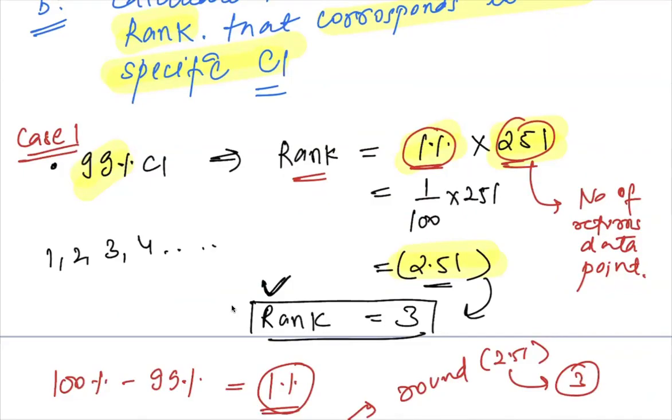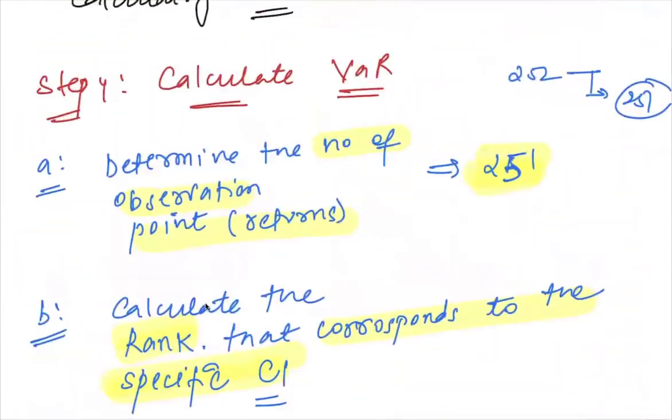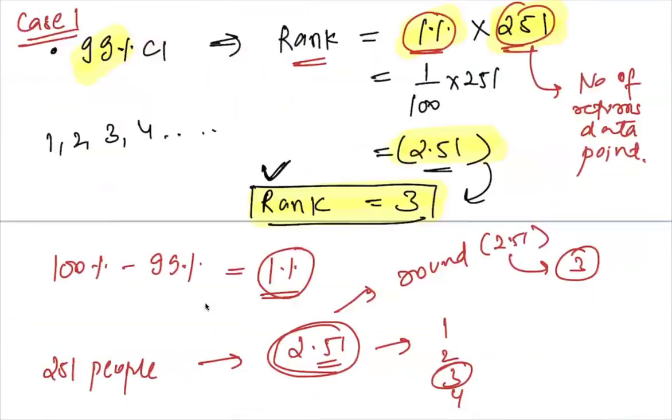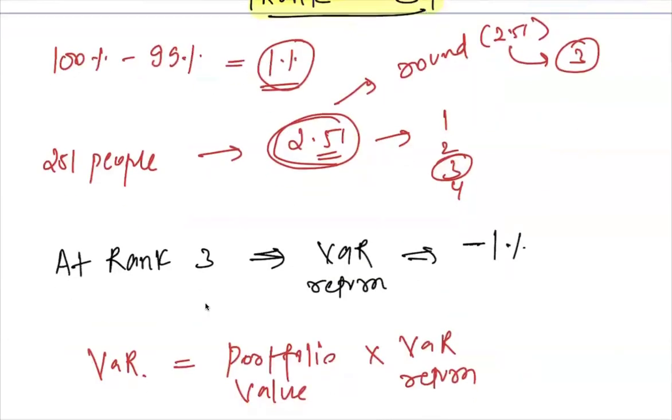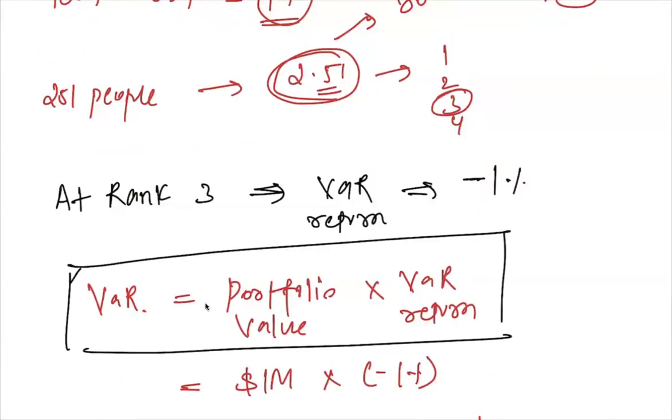It can be either 2 or 3, so we always round it up. At rank 3, whatever return you see is the value at risk return. Once you get your value at risk return, you multiply that with the portfolio value to get value at risk.